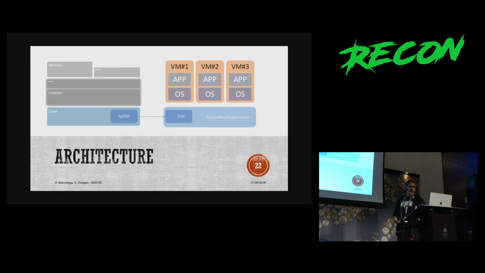Here is the architecture. As you can see on the right, there is a guest that you can run on VirtualBox, the modified hypervisor with the implementation of the Fast Debugging Protocol. It is released with a Python binding, which we put on an abstract layer, a core abstract layer.